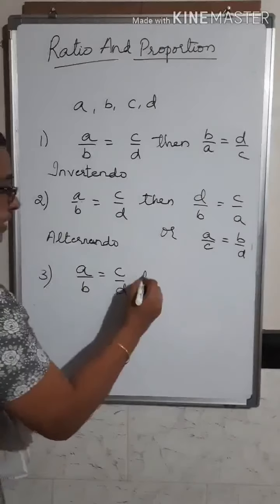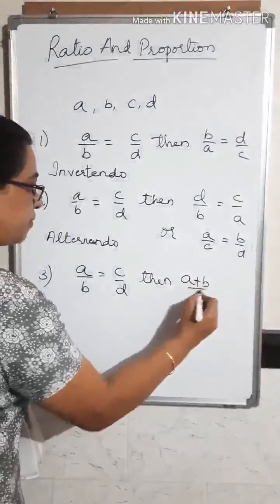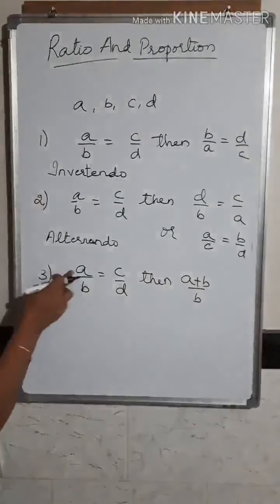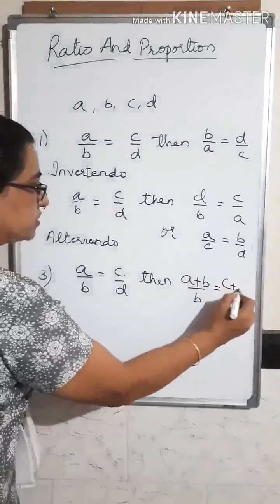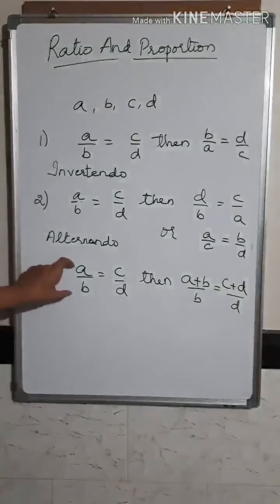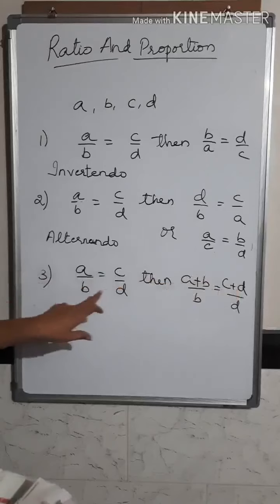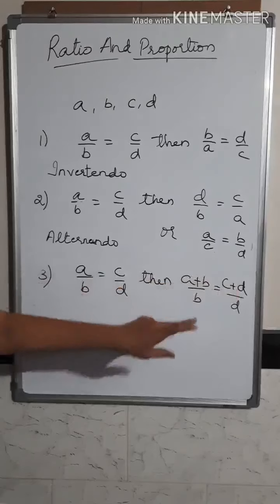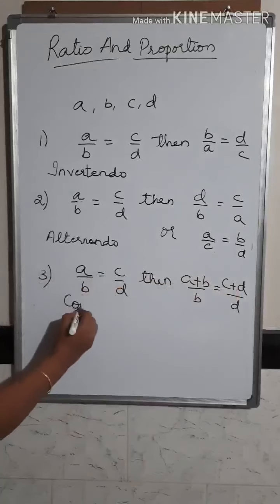So you get A plus B upon B is equal to C plus D upon D. What you have done is you have added these two and written it in the numerator, and in the denominator you have written B and D as it is. So this property is called componendo.